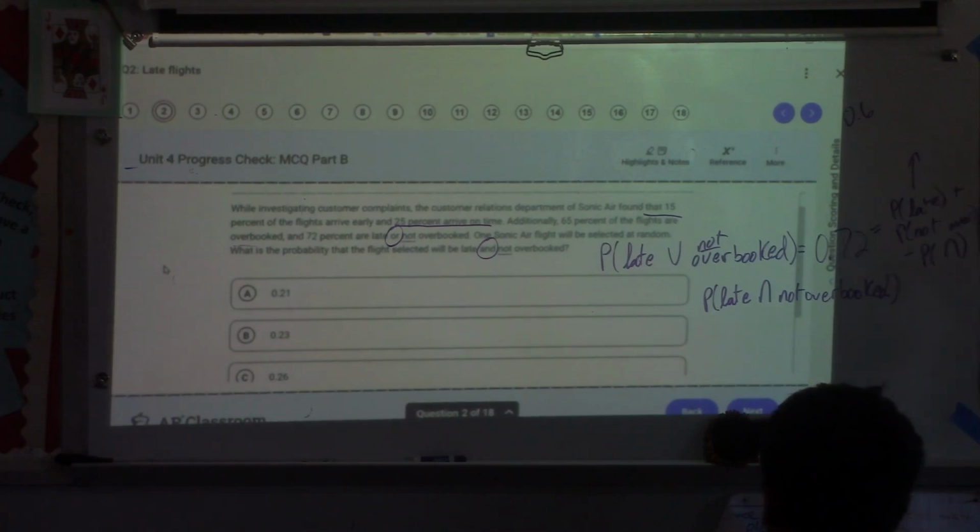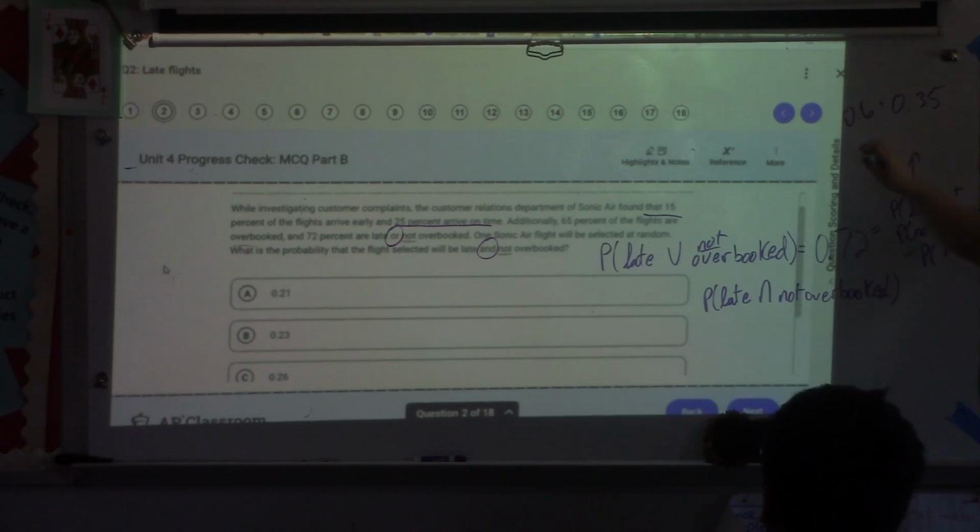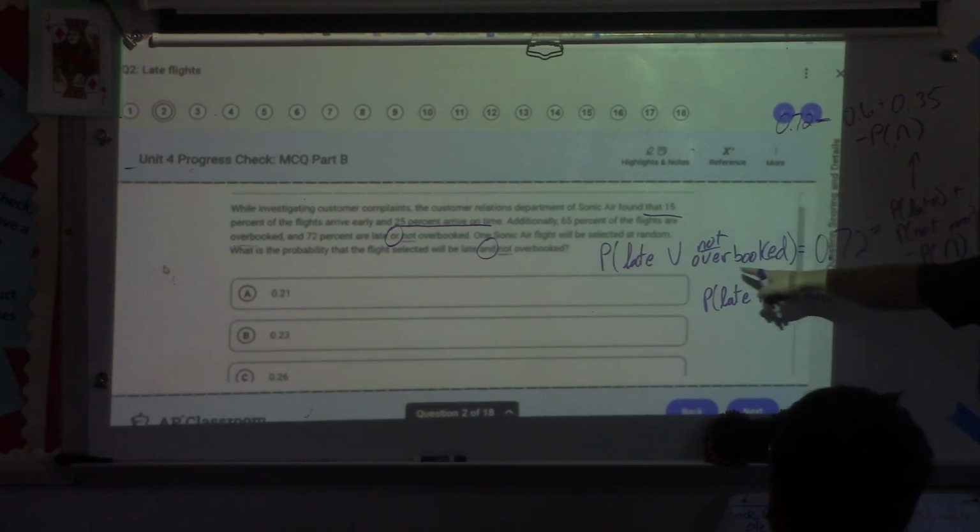What's the probability of it not being overbooked? 0.35. The probability of it being overbooked is 65%, so 35% that it's not overbooked, minus the probability of their intersection. And what does it have to equal again? The union, at 0.72.